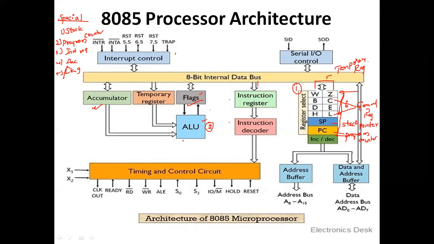Addition, subtraction, multiplication, and division are the arithmetic operations. When it comes to the logical operations, AND, OR, NOT are the logical operations. ANDing, ORing, XORing, all this comes under the logical operations. So this is the main purpose of the arithmetic and logical unit. And next one is the control section.